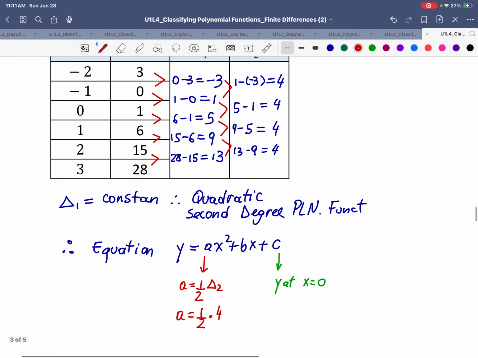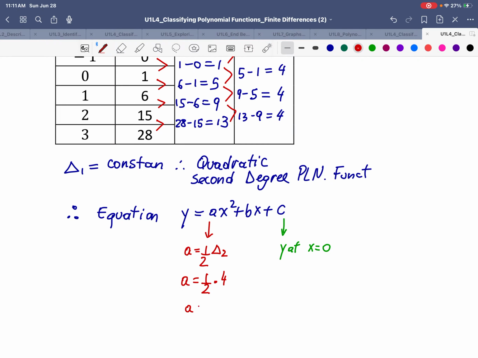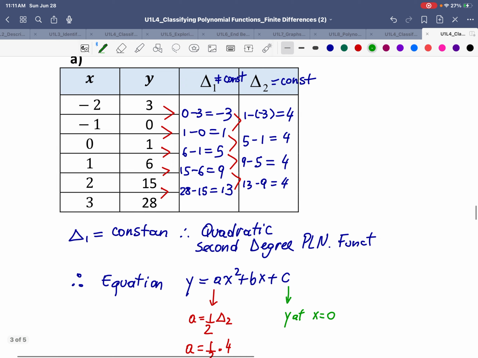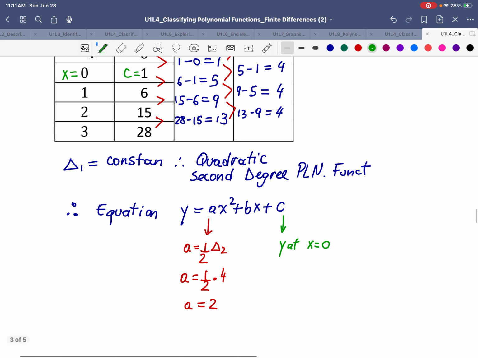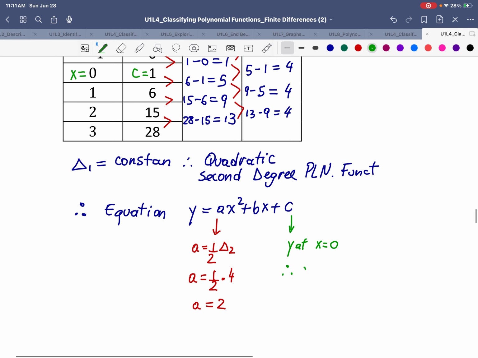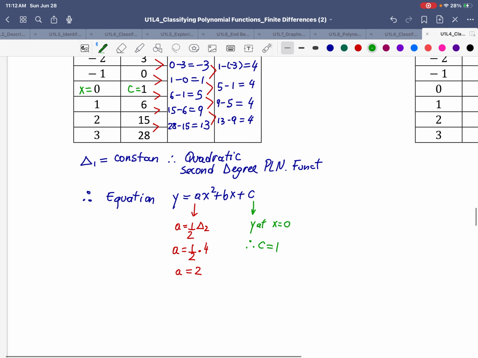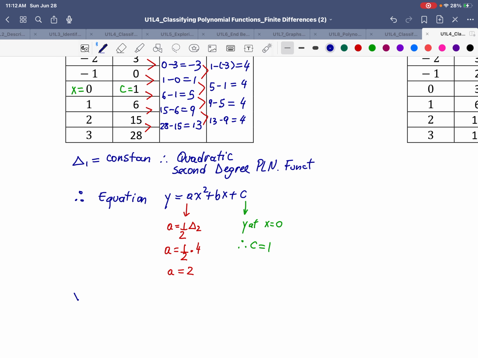So 1/2 times 4, that will make a equal to 2. The value of y at x equals 0, here x equals 0, the value of y is 1. That will give us the value of c right away. So therefore, c equals 1. So far, we have formed an equation that looks like this. y equals 2x to the power of 2.